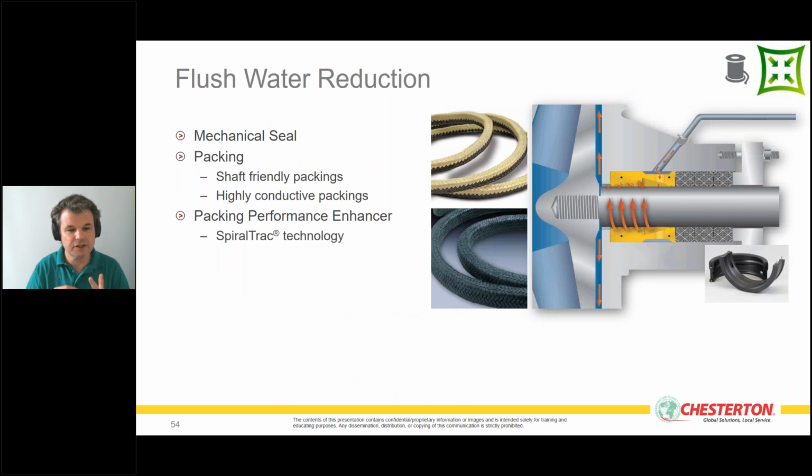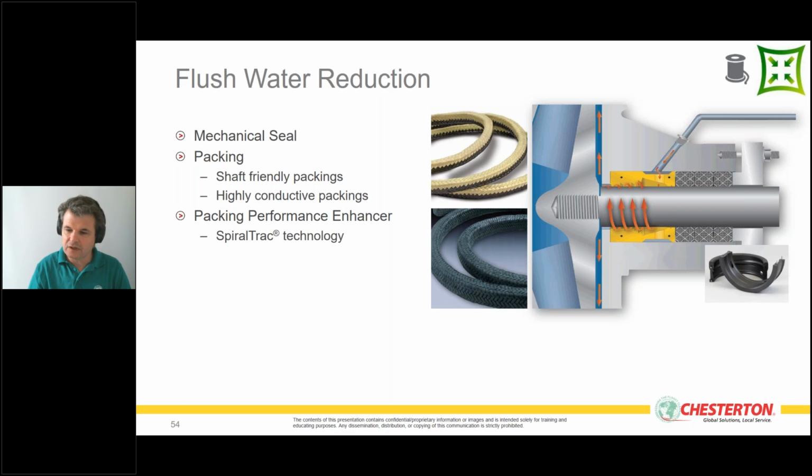Solutions to this are mechanical seals, but on the packing side as well, there are more shaft-friendly packings that don't need so much water. And on the other side, there are highly conductive packings like carbon or graphite packings that basically transport the heat away from the shaft and don't need so much water.